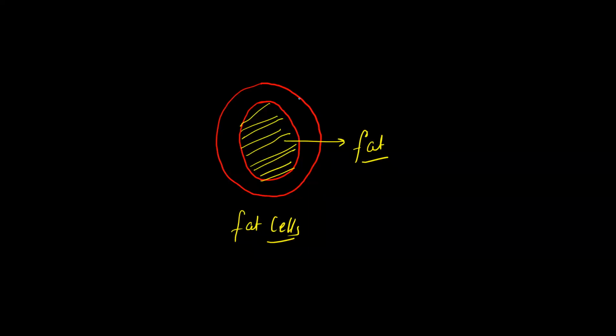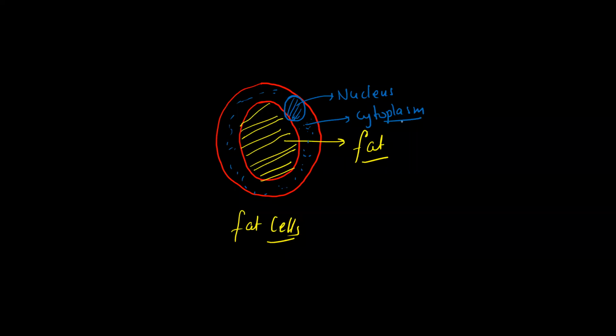So where is the nucleus? Actually, the nucleus shifts towards the corners. It shifts towards the corner, beta. So this is the nucleus. And this is the cytoplasm. So nucleus and cytoplasm have shifted towards the corner. This is the cytoplasm of the cell.